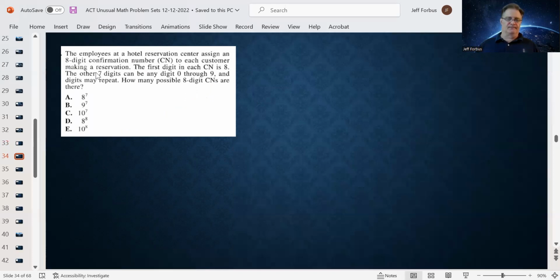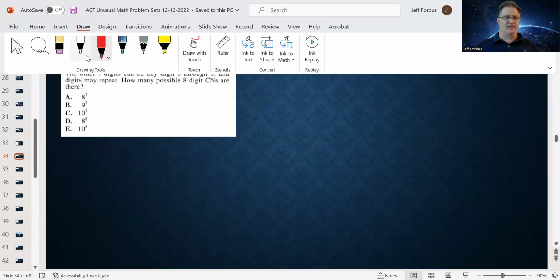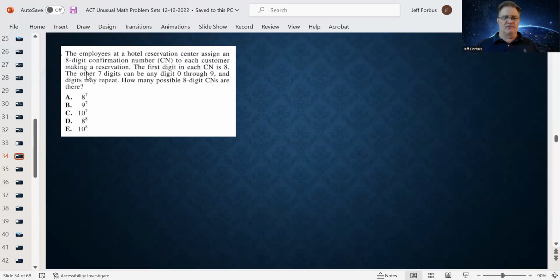So this question, there's no figure or anything, so we gotta read it. The employees at a hotel reservation center assign an 8-digit confirmation number to each customer making a reservation. The first digit in each confirmation number is 8. All right, so let me change my pen color back to white. So we know it's an 8-digit number.